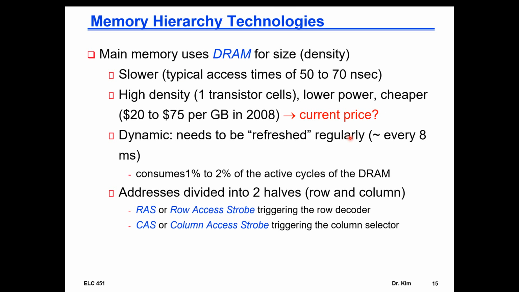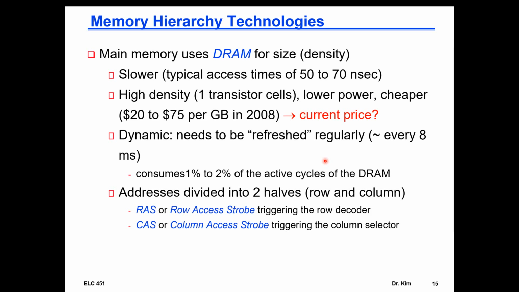The DRAM is slower. It doesn't use transistors for storage. Actually, the one transistor that the 1-bit cell uses is used as a switch to access the storage element, which is actually a capacitor.